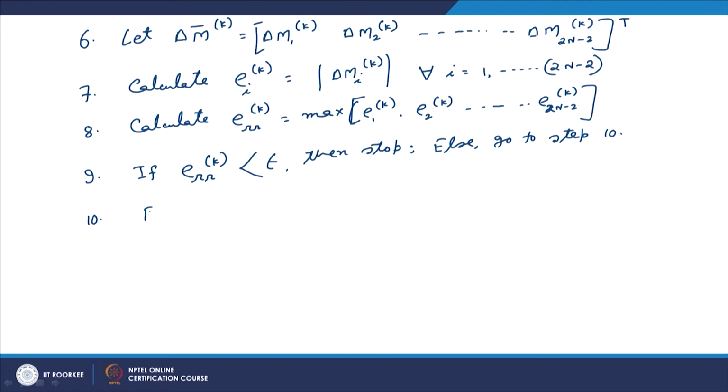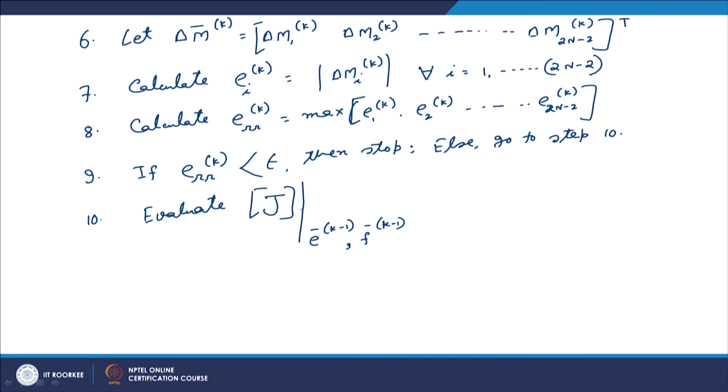We evaluate matrix J with the vector of E and F known at the k minus 1th iteration. So we evaluate this matrix J with this vector E and F known at the k minus 1th iteration.